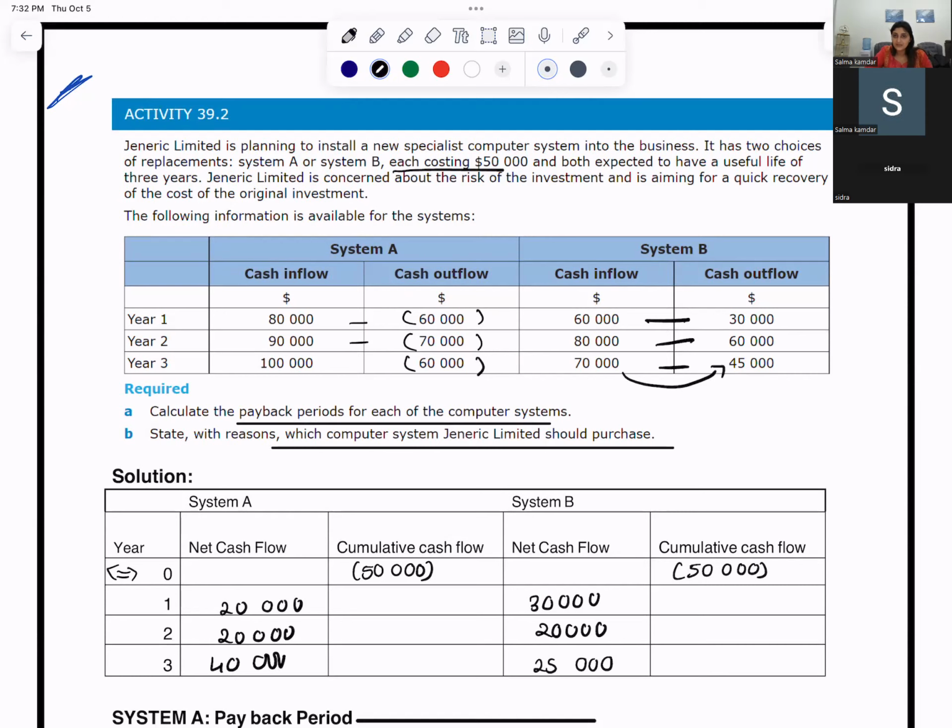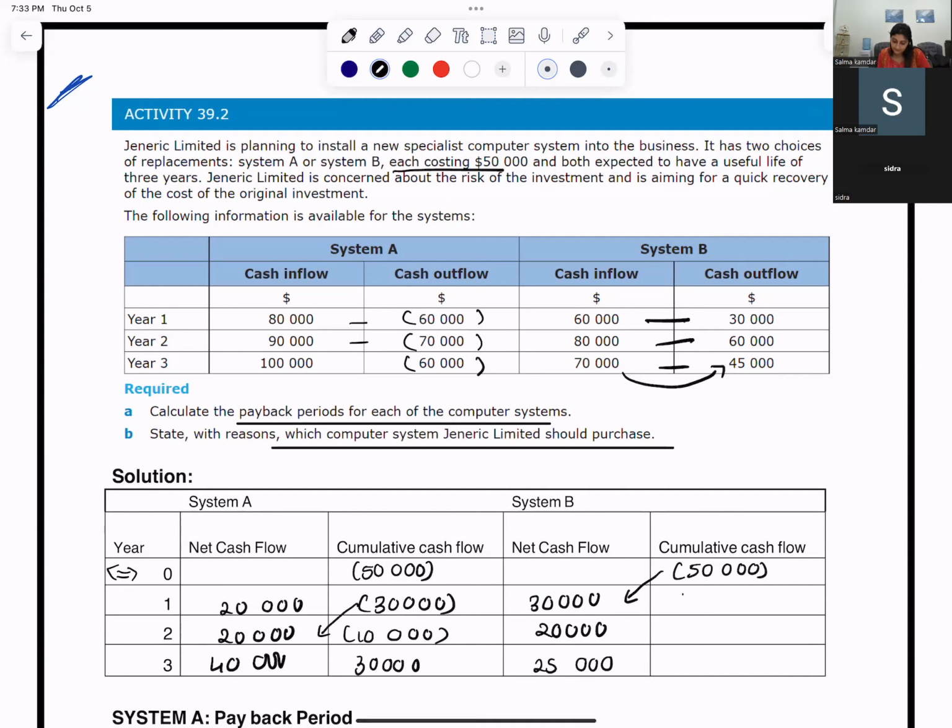Now, can you give me this cumulative? What will you do? Minus 30,000, minus 10,000, positive 30,000.